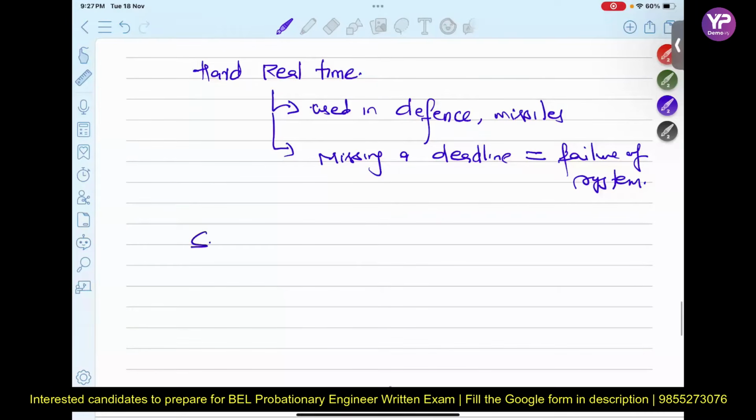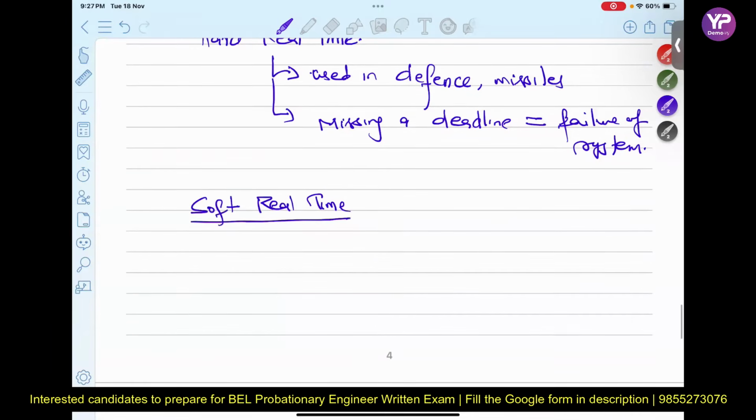But whereas in the case of soft real-time, missing a deadline is allowed, but it affects the performance. Fine. In real-time operating systems, everything has to be completed within the deadline. But here deadline missing is allowed, and as it is allowed, it also affects the performance. Means we try our best to achieve the deadline.